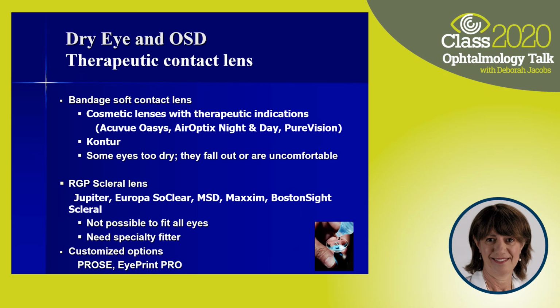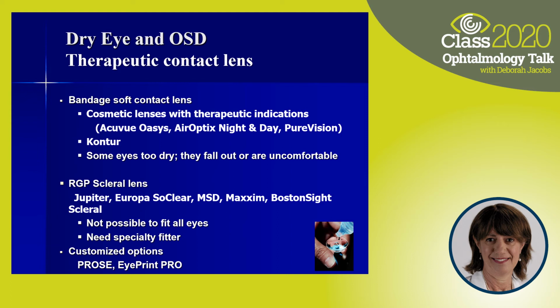As far as therapeutic contact lens, which is of particular interest to me, my recommendation for bandage soft lens is that you use a cosmetic lens with therapeutic indications. In the US, these are all silicone hydrogel lenses. Sometimes we have to go to a large diameter lens. The only one available in the US is the Contour lens, which is a hydrogel.